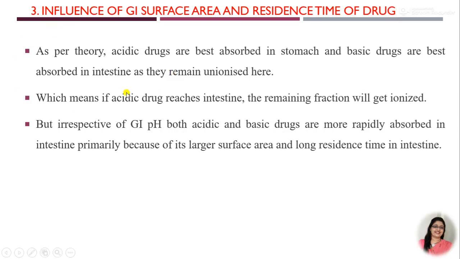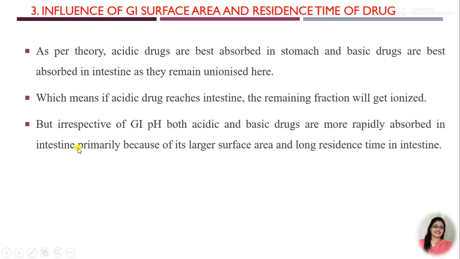Which means if acidic drug reaches the intestine, the remaining fraction of acidic drug will be ionized at intestinal pH and it won't get absorbed in the intestine as per pH partition hypothesis.